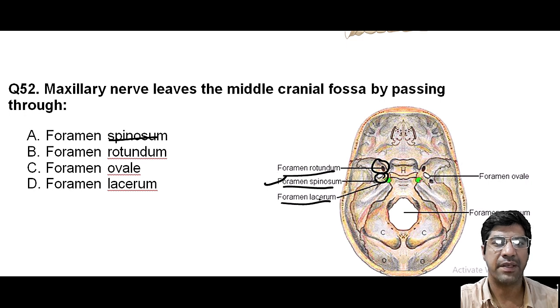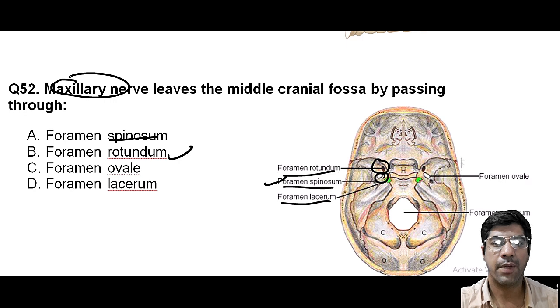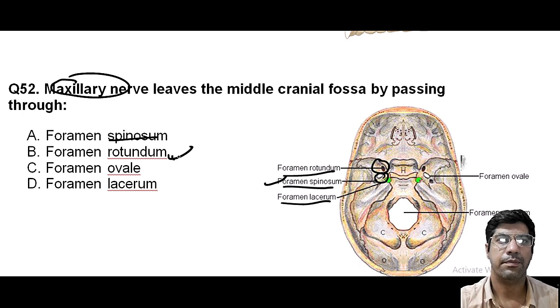The maxillary nerve passes through the foramen rotundum as it exits the middle cranial fossa. So your answer is B. The foramen ovale we have discussed before in another MCQ. So your answer is foramen rotundum.